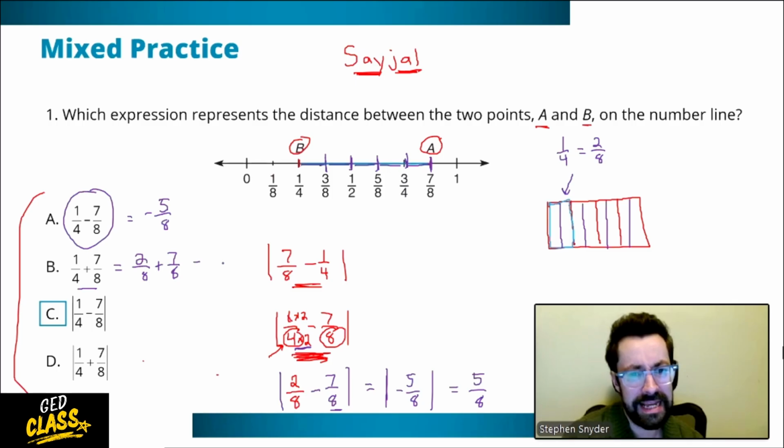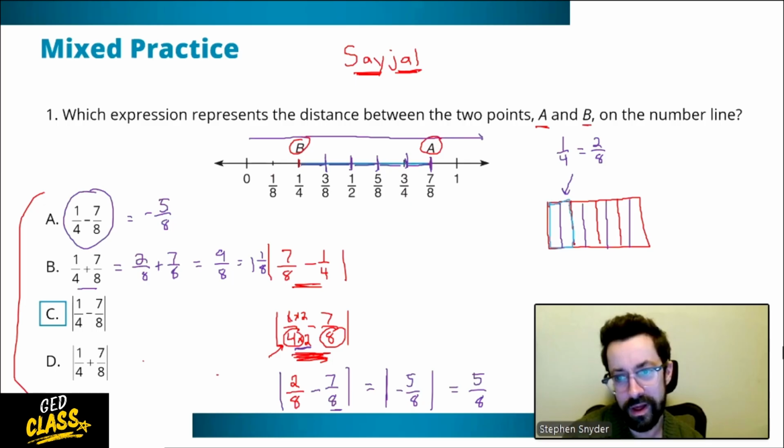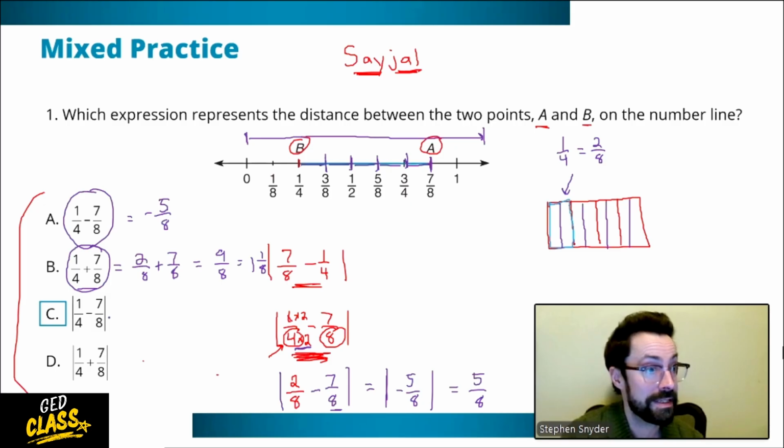Yeah, we're going to have 9/8, which, turning that into a mixed fraction, would be 1 plus 1/8. That would be all this distance from 0 to 1 and then 1 additional eighth there. So that would be way too big. It's not giving us the distance. It's just adding them together, combining them instead of finding the distance in between them.